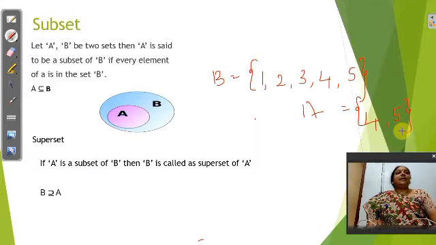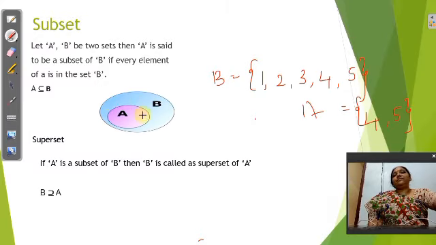Here the elements of A are 4, 5. The elements of B are 1, 2, 3, 4, 5. The elements of A, 4 and 5, are in B. So all the elements of A are elements of B. So what we can say, A is a subset of B.